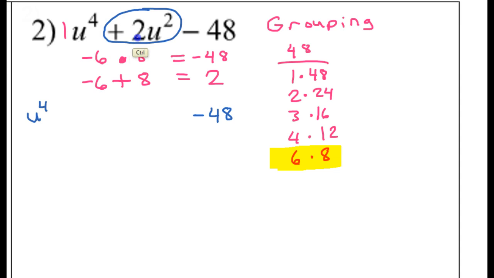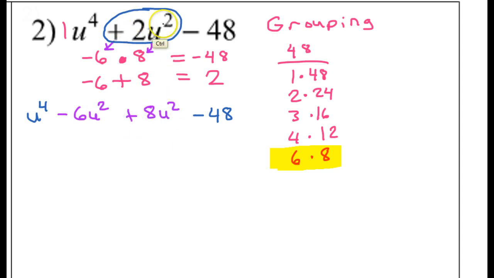Okay, but the middle term, I'm going to split that up into 2 terms using the numbers that we just found. Because these terms are coming from u squared, these will be u squared. So I will have negative 6 u squared and plus 8 u squared.